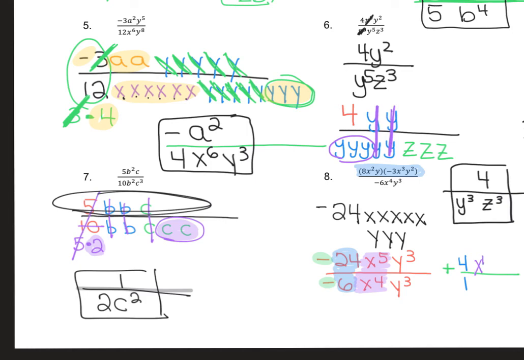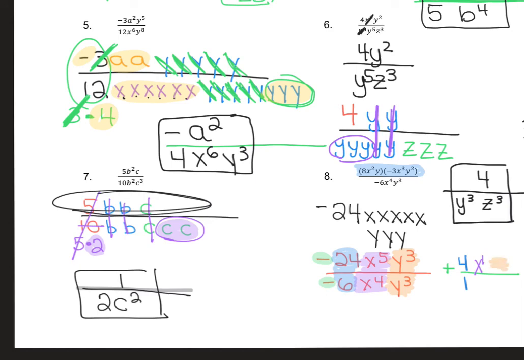Okay, I can put the 1 there. I don't have to. And you have y to the 3rd on top, y to the 3rd on the bottom. So you have 3 y's on the top, you have 3 y's on the bottom. So how many are you going to have left? Where are they going to be? Well, they're all going to cancel out, right? That 1 knocks out, 2 knocks out, 3 knocks out. Are there any y's left?